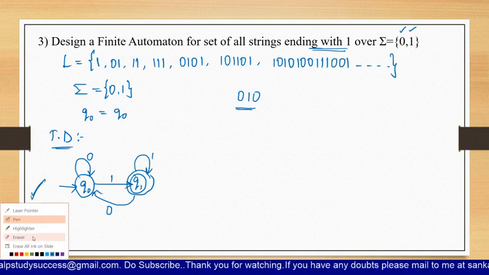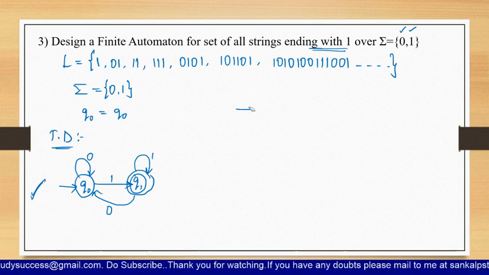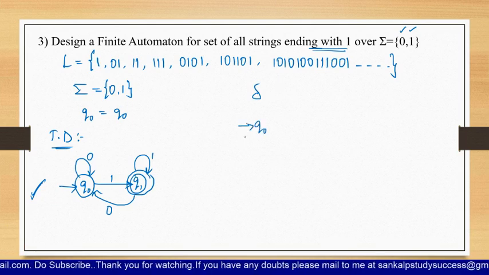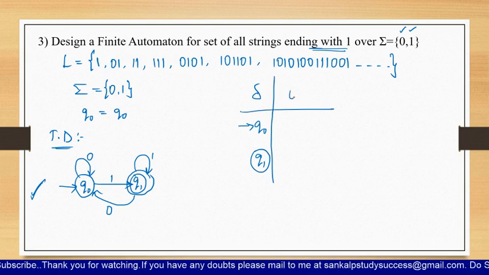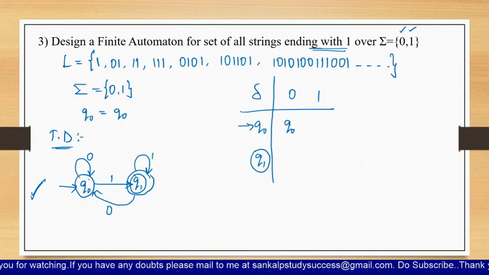Now let us draw the transition table for the given transition diagram. Here in the transition table we are going to have only two states, where Q0 is the initial state and Q1 is the final state. Our input symbols are 0, 1. If you apply 0 to Q0, you will get Q0, because it is reaching Q0 again.